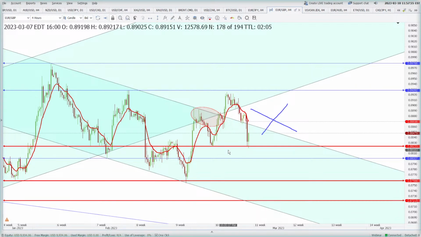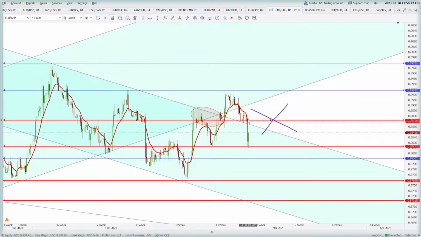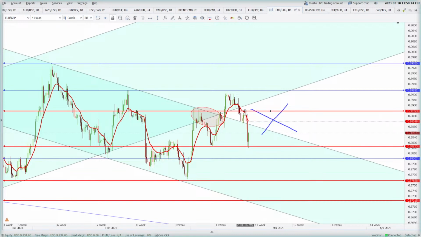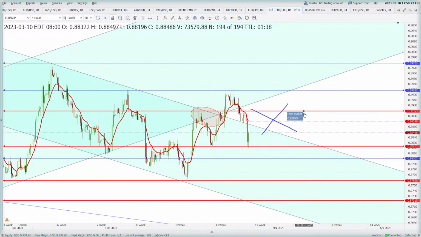I think the market should retest the new 0.8827 support to go north to breach the 0.8886, 0.8888. All right, so you are thinking that it is possible that the price will breach this 0.8889 area.